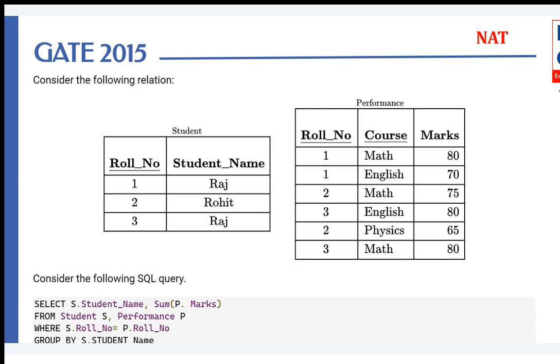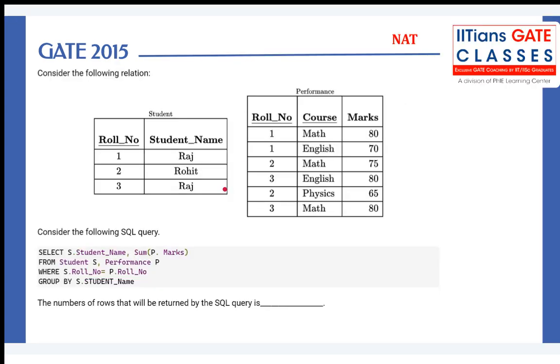One is Raj, one is Rohit. Right? You are grouping by the name of the student, so there are only two students, right? Raj and Rohit. There is another student which has roll number 3, but the name is same. So when you group by, you will consider these two Raj as the same because you are grouping by the name.